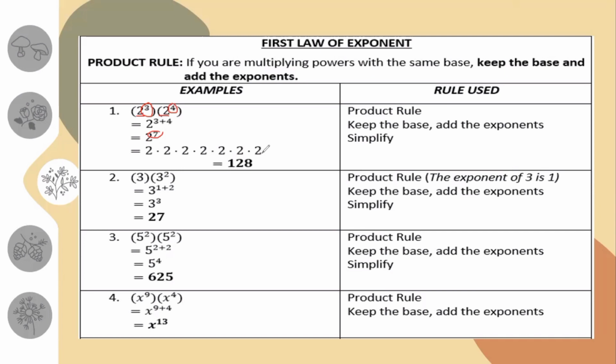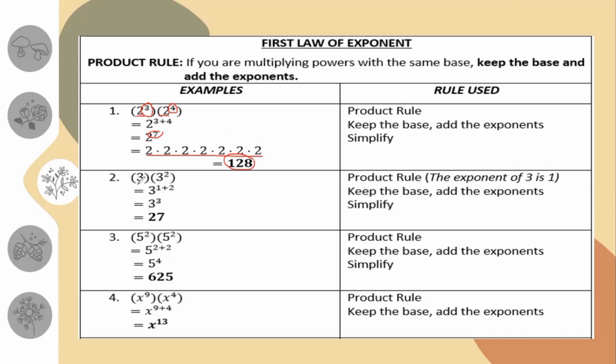And then hindi po ito yung final answer natin na class. We need to simplify this one. So i-multiply natin ng 2 7 times so that the answer is 128. Hindi po siya 2 times 7 ha. It's 2 raised to 7. So, huwag kayong malilito.